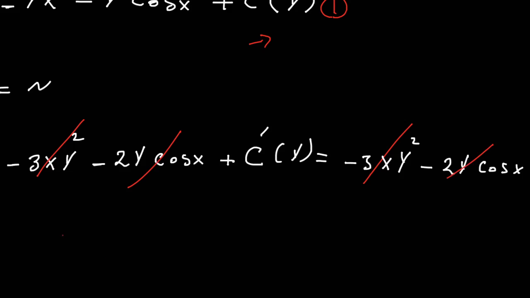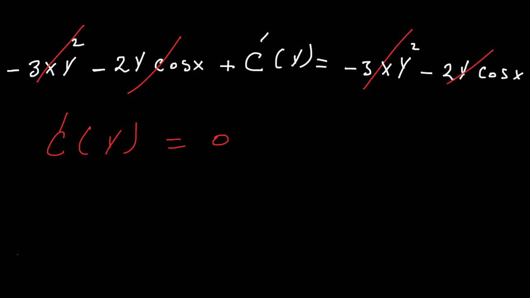So now you have c prime in terms of y equals 0. Now I have c prime in terms of y, but we actually need only c. So I'm going to integrate both sides with respect to y again. So what's the integral of c prime in terms of y? Well, that's c of y. The integral of 0 is just a constant, let's call it k.